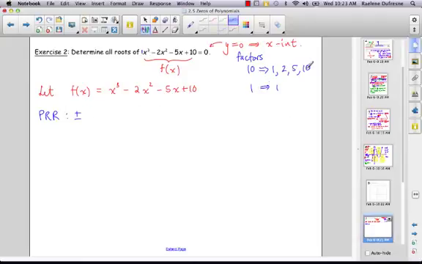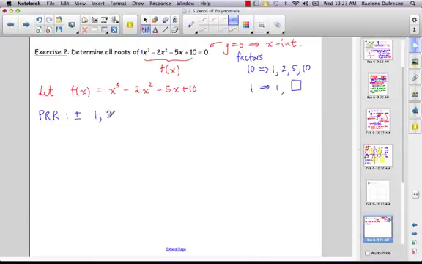So we are going to get plus or minus 1 over 1, 2 over 1, 5 over 1, or 10 over 1. Obviously, if the coefficient is 2 or 3 or 5 or 6 or something else, we will have more possibilities, and then we would have to repeat dividing each of the factors of 10 by the other factors of the leading coefficient.